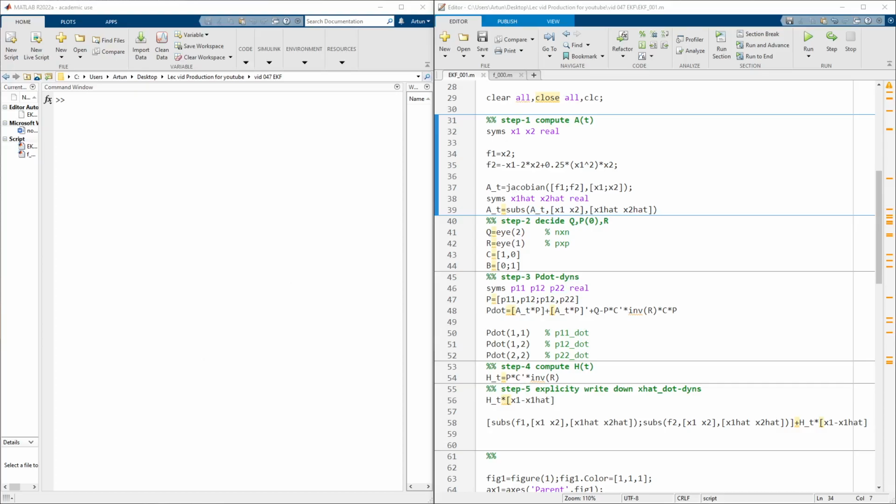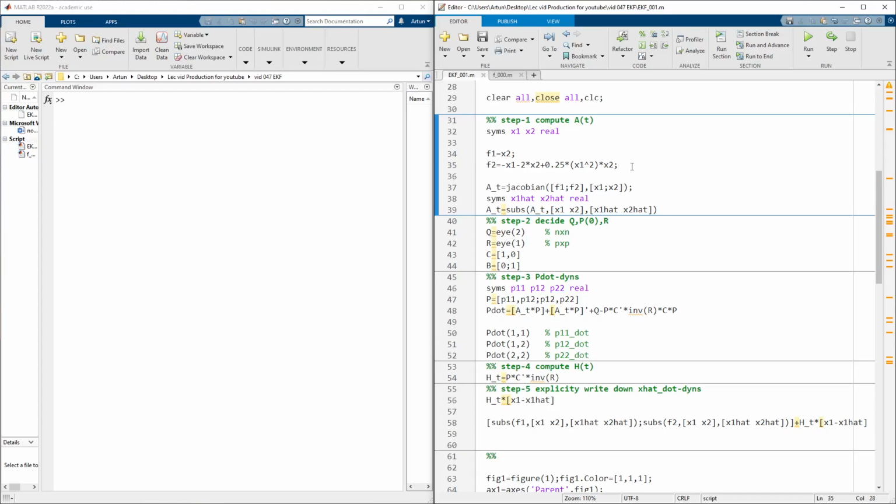I promise. Okay, so f1 and f2, here and here, again, there is only what I called the input term, the sinusoidal term.